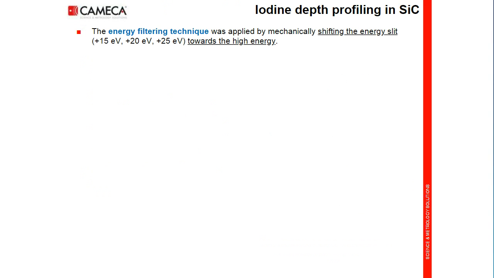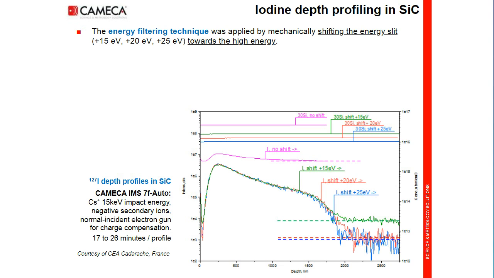The energy filtering technique was then applied during depth profiling measurements of iodine in the silicon carbide sample. A first depth profile analysis was performed with a centered energy bandpass, maximum transmission. Then other measurements were performed by shifting the energy slit. As expected, the transmission decreases with increasing shift.